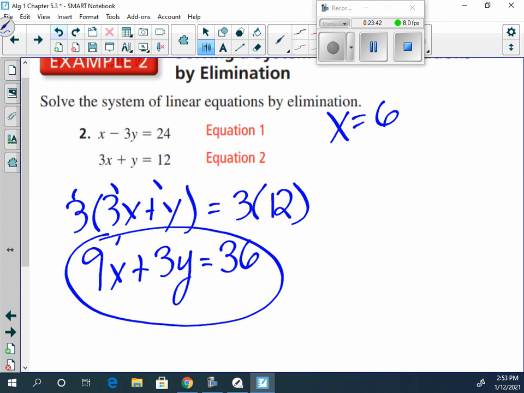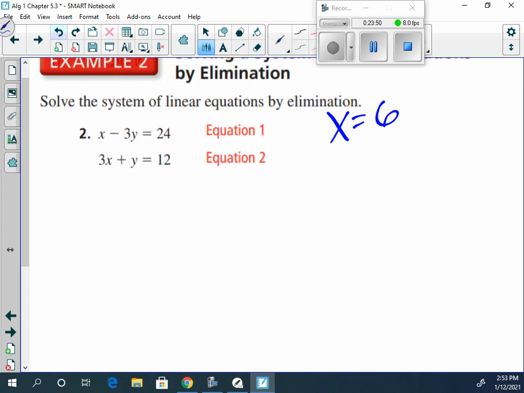I just have to pick one, and we're solving for the value of y. I'll choose the bottom one. Not this one, this one here. Y is by itself. Why not?